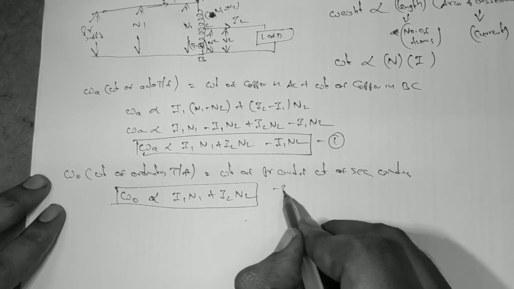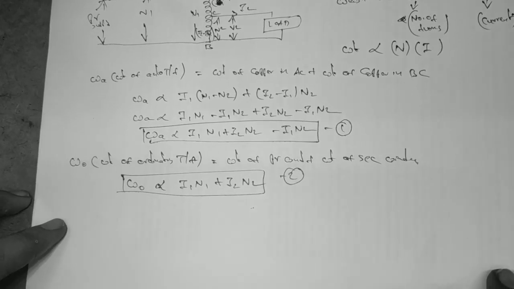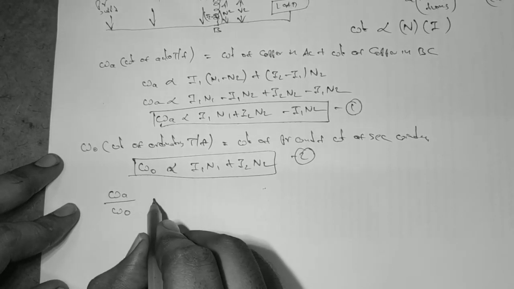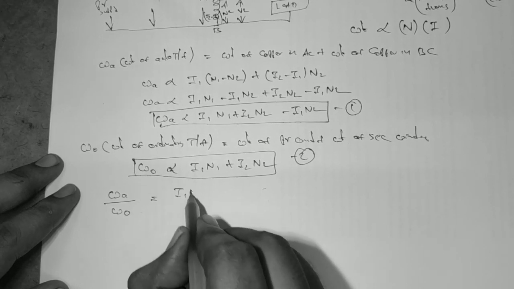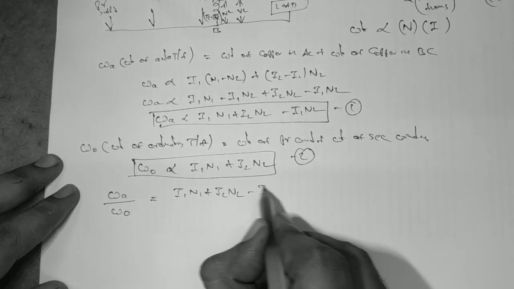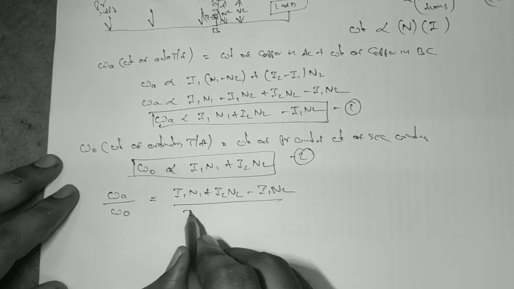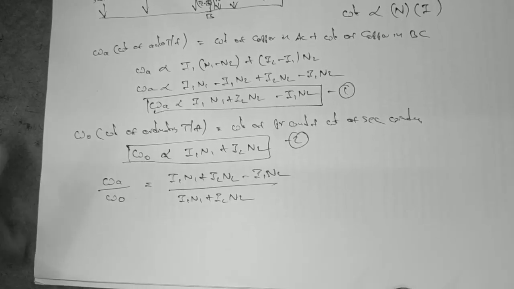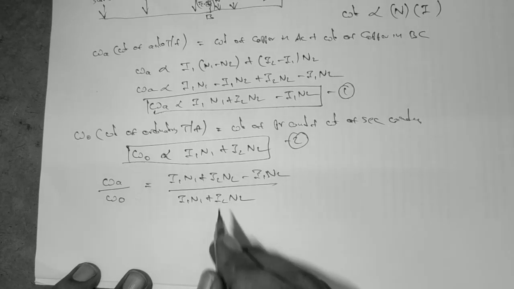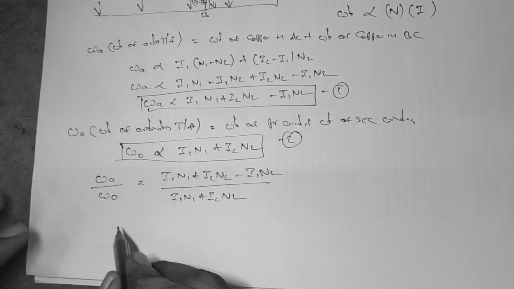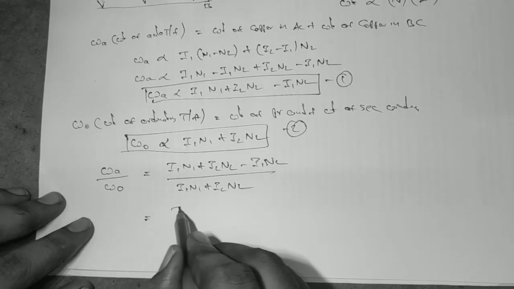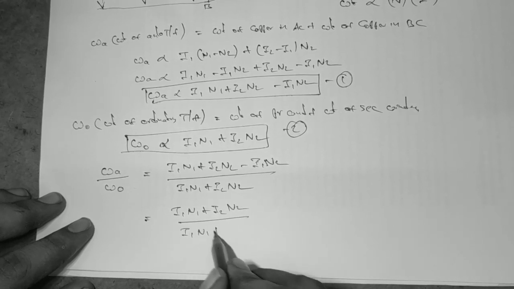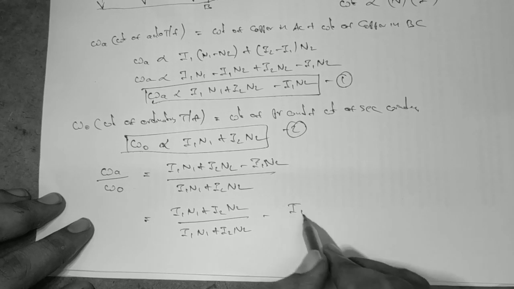Now let us divide equation 1 by equation 2, that is WA by WO. That is I1 N1 plus I2 N2 minus 2 I1 N2 divided by I1 N1 plus I2 N2. If we rewrite this equation, we get I1 N1 plus I2 N2 divided by I1 N1 plus I2 N2, minus 2 I1 N2 divided by I1 N1 plus I2 N2.